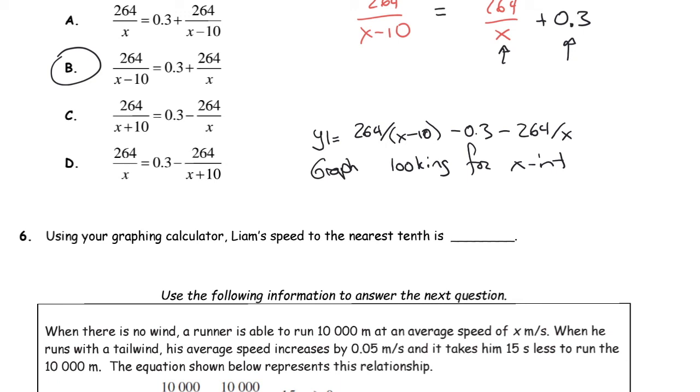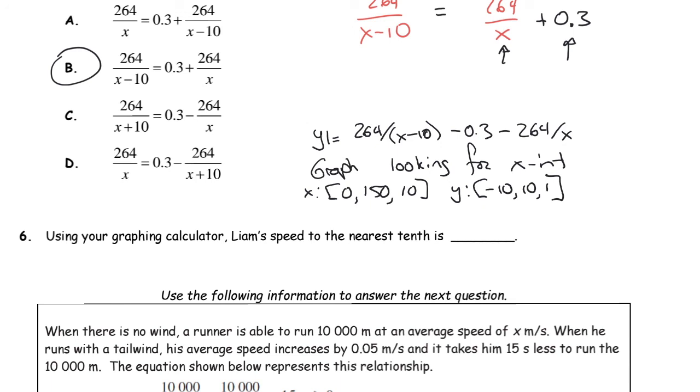Your x window settings should probably be 0 up to, let's say 150, going up by tens. For the y, the vertical window settings, you don't need more than -10 to 10, going up by ones. The reason is I really just want to focus on the x-axis. I just need to make sure the x-axis is in the middle so I can see it.